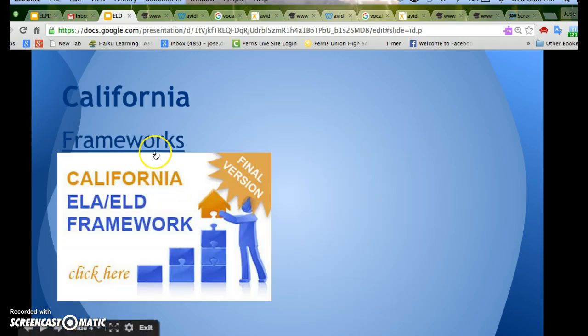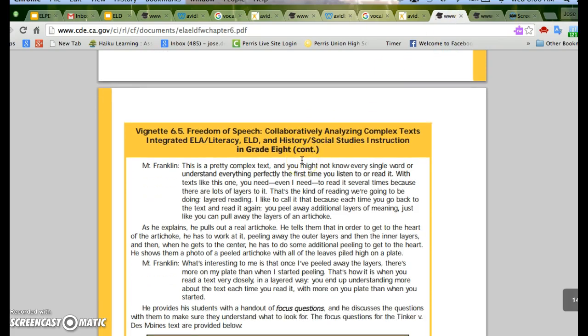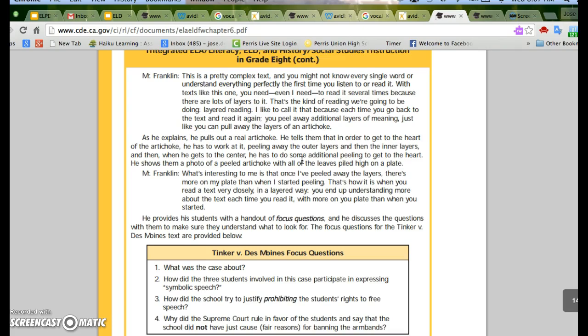Next is the frameworks. And what frameworks do is just go deeper into explanation and implementation of the ELD standards in your classrooms. What's cool about this document is that you get some vignettes which explain how you can implement the ELD standards into your lessons with examples.